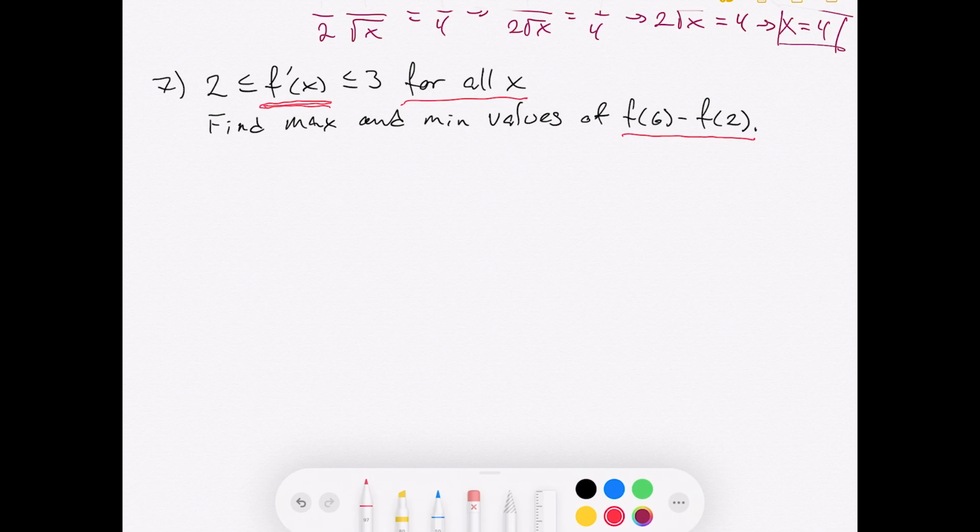So we're working on this particular interval that goes from 2 to 6, because these are our x values, an x value of 2 and an x value of 6.